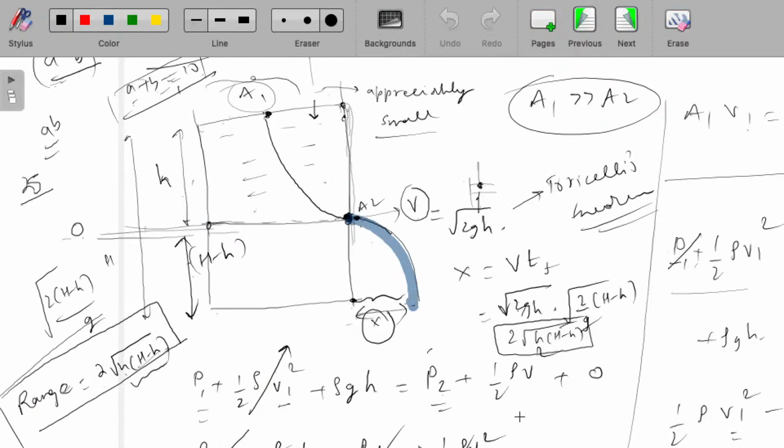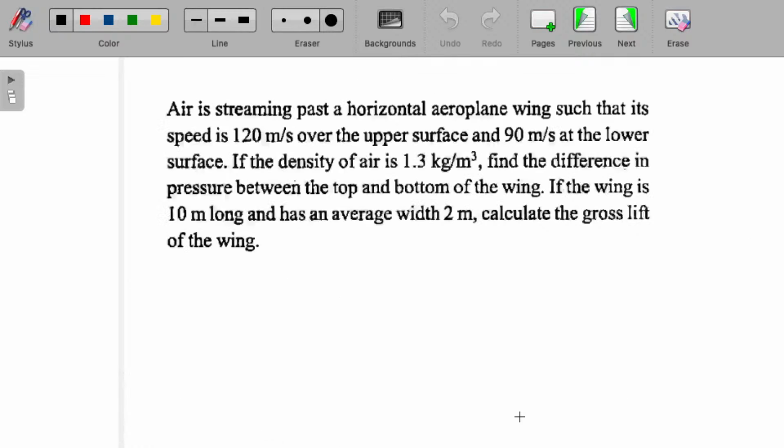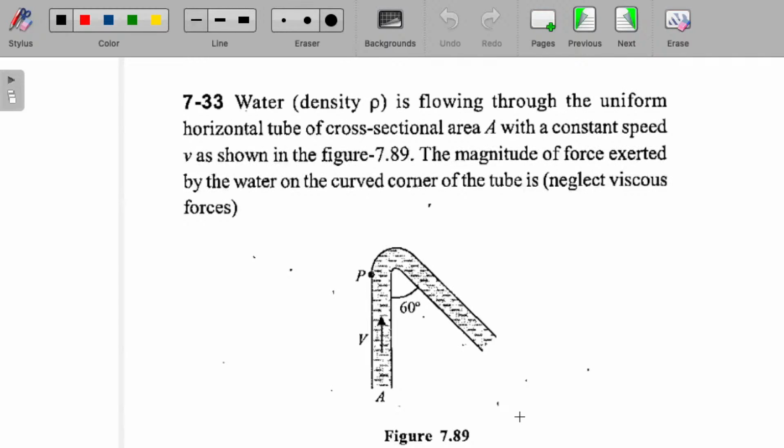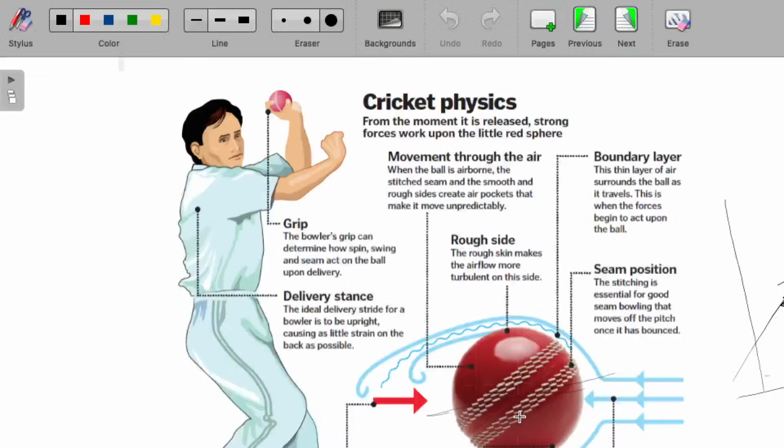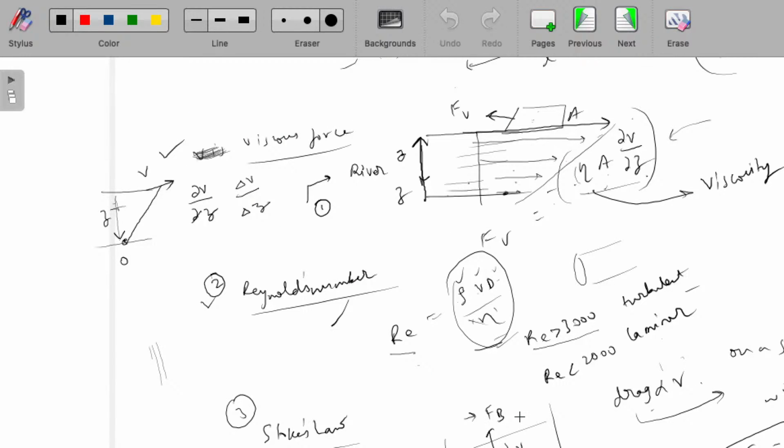And there's a way to quantify the turbulence and the laminar nature of the flow as well. It's not just based on looks, right? Because physics, as we know, is all about quantification. So how can you quantify it? You quantify the flow based on the density of the fluid, velocity of the fluid, the diameter of the flow, and the viscosity, right? So the Reynolds number quantifies that.